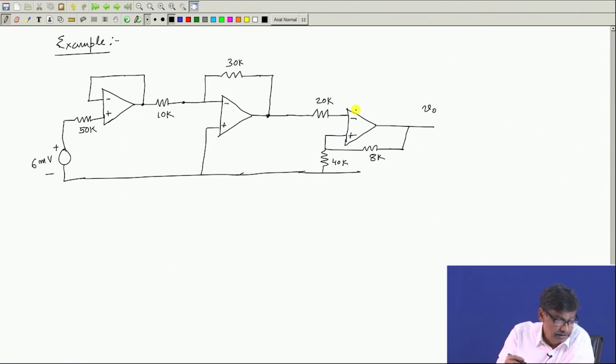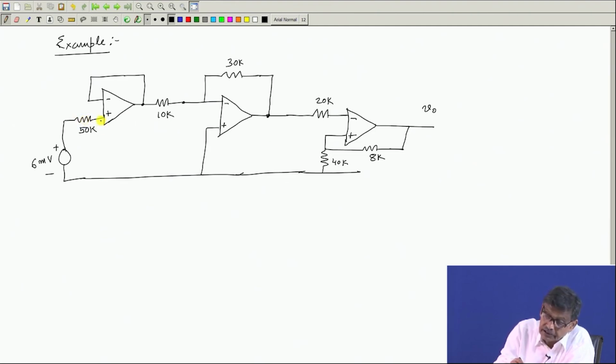Now, for this problem, how to proceed? First of all, there is a negative feedback for this op amp. So, this current is 0. If this current is 0, there is no voltage drop here.